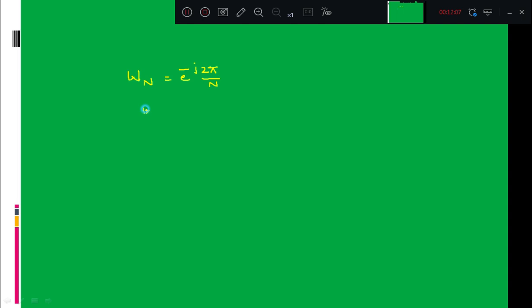So now let me write the LHS part, that is W_N raised to α+N, which is equal to (e^(−j 2π/N)) whole raised to α+N. This can be written as e^(−j 2π/N (α+N)), yes or no?